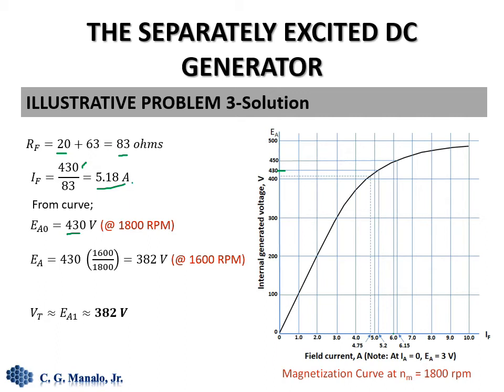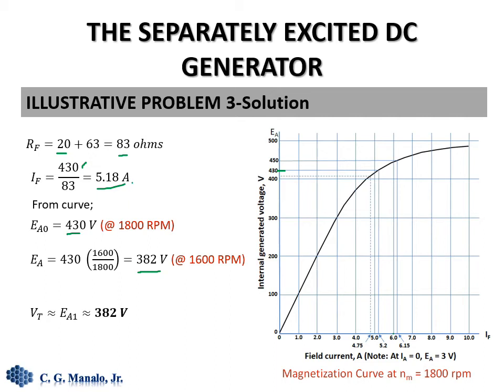However, 430 is for 1800 RPM. So we normalize that value for 1600 and we get 382 volts. So at no load, our E sub A is 382 volts.